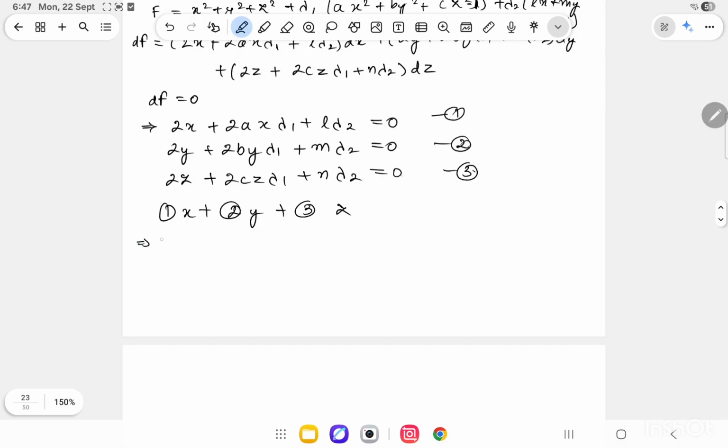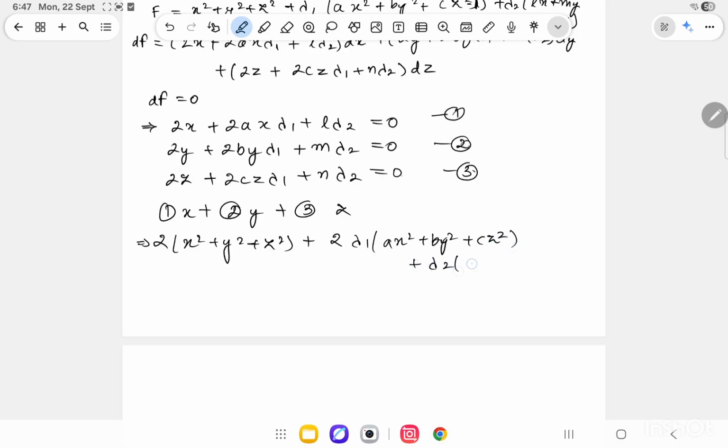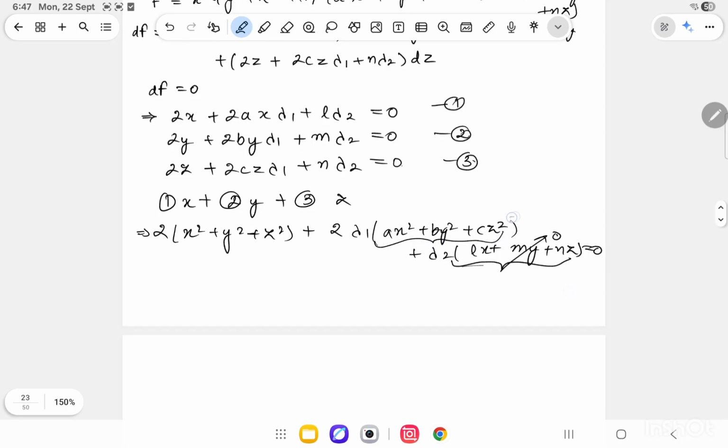If I multiply 1 with x, 2 with y and 3 with z and add these three equations, I'll get 2 into (x square plus y square plus z square) plus 2 lambda 1 into (ax square plus by square plus cz square) plus lambda 2 into (lx plus my plus nz) equals 0. The last term is given as 0 in the question, so it reduces to 0, and the middle bracket is equal to 1.